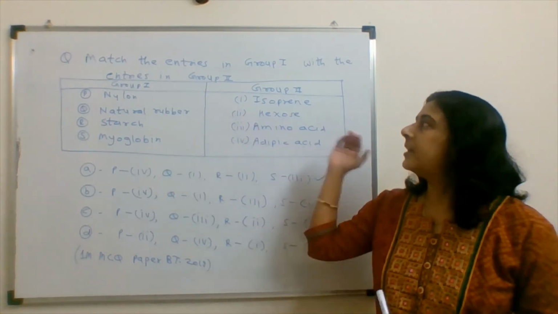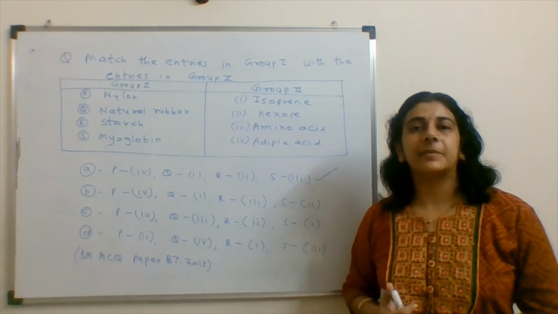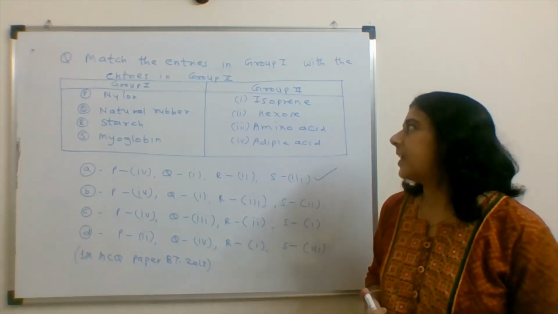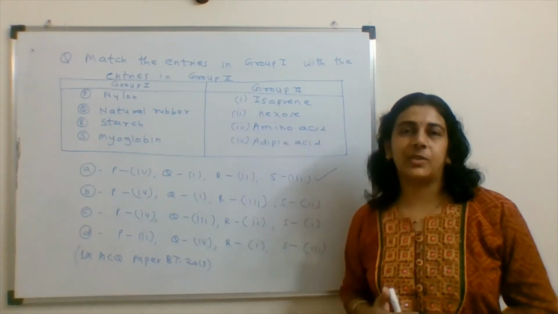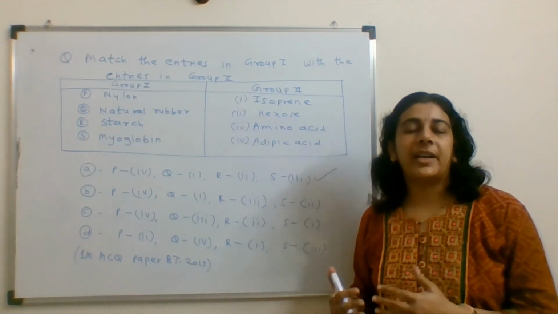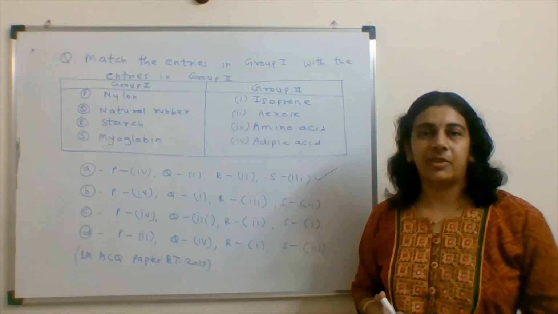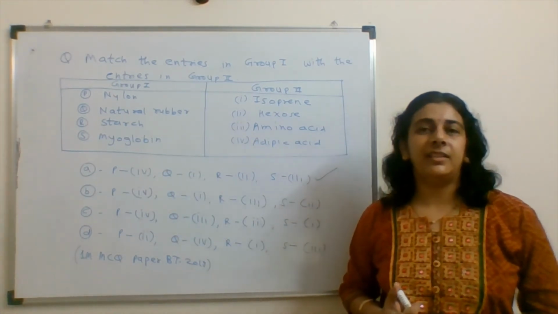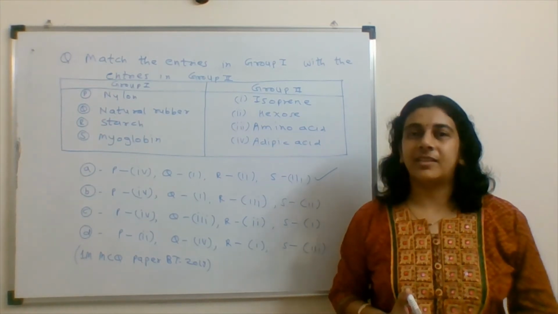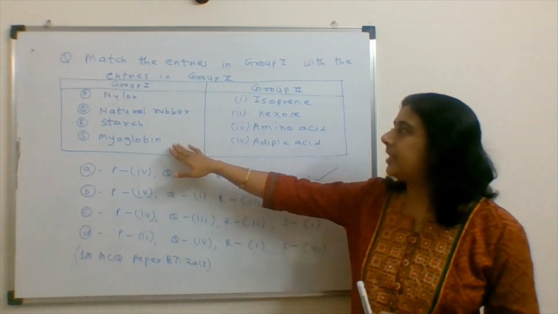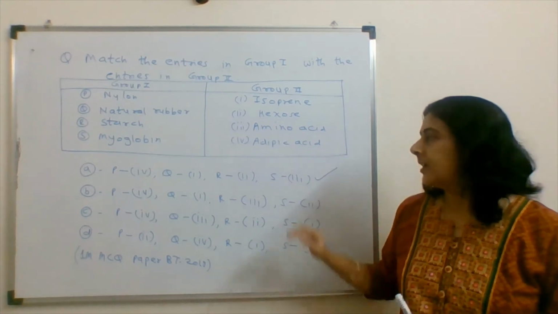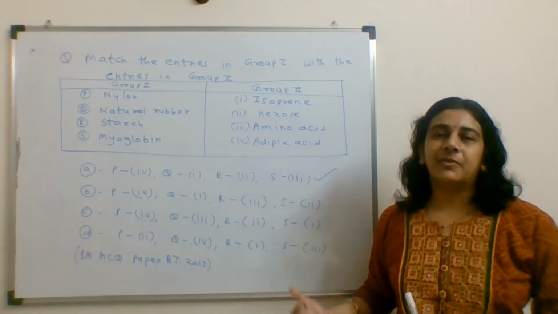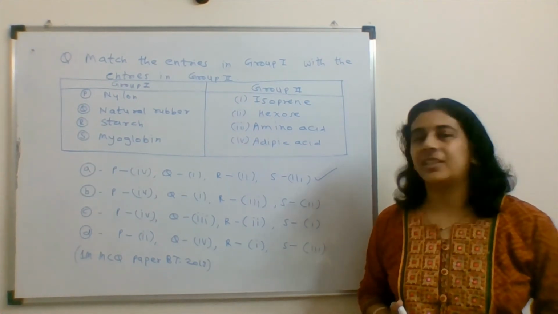Then natural rubber is a polymer of isoprene units. In starch, there is a presence of hexose sugar. Hexose sugar combines and forms the starch polysaccharide. And myoglobin is a protein, and proteins are made up of amino acids. So myoglobin matches with this 3. And this gives us option A. So the answer for this question is option A.